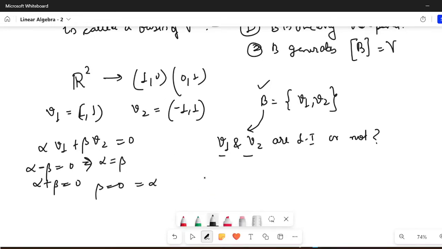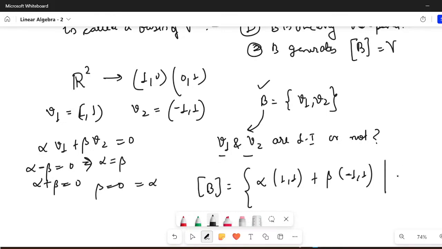For that let us write the span of B. Span of B would be alpha times (1, 1) plus beta times (minus 1, 1), where alpha and beta belong to R. What am I going to get?